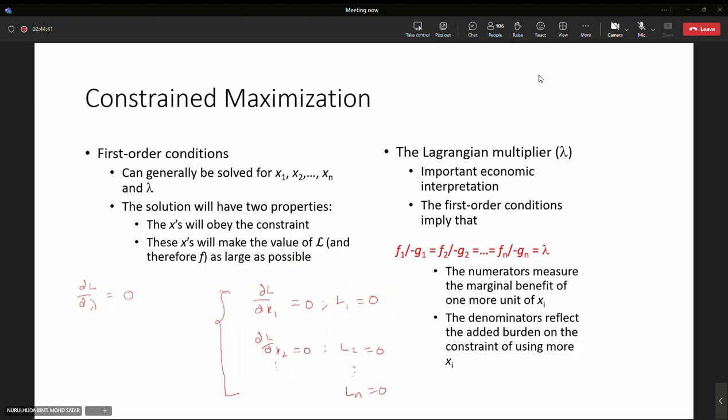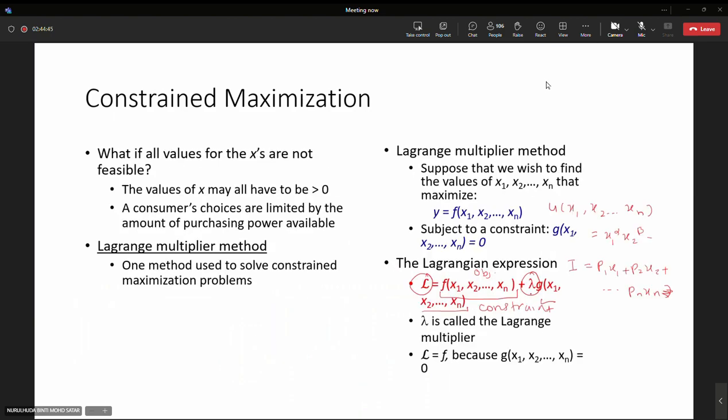And if we look at the lambda that we have included in our Lagrangian expression, we might want to know what the economic meaning of lambda is, right? Because everything that we put in our function should have some economic meaning behind it.